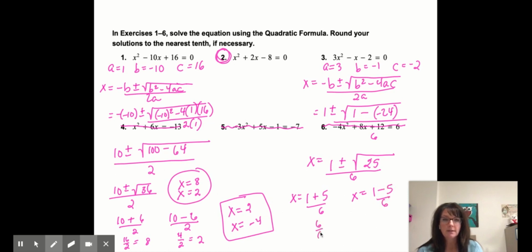So 6 divided by 6 is equal to 1, and negative 4 divided by 6 is equal to a negative 2/3. So here are our two values of x for number 3. That was number 3.